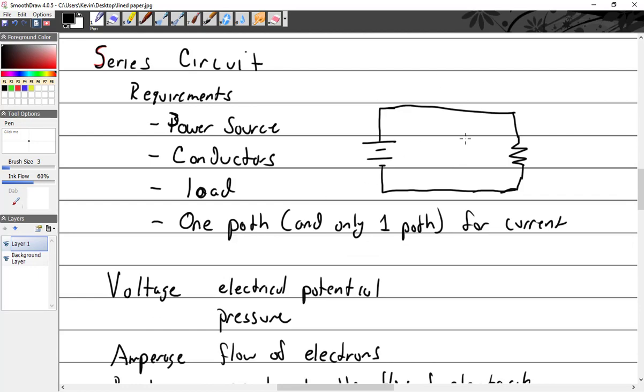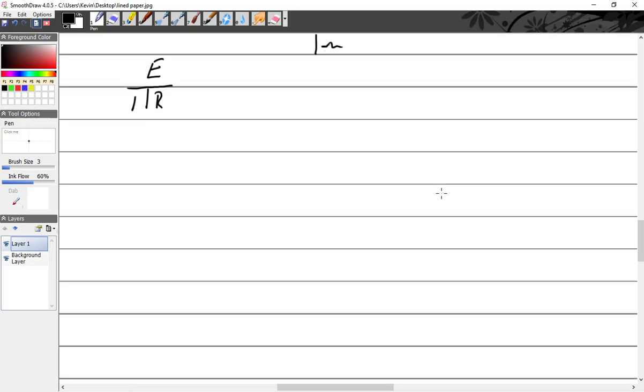So the laws that we need to work with when we deal with series circuits, again, everything we covered in 309. Voltage, which is also electrical pressure, or potential.